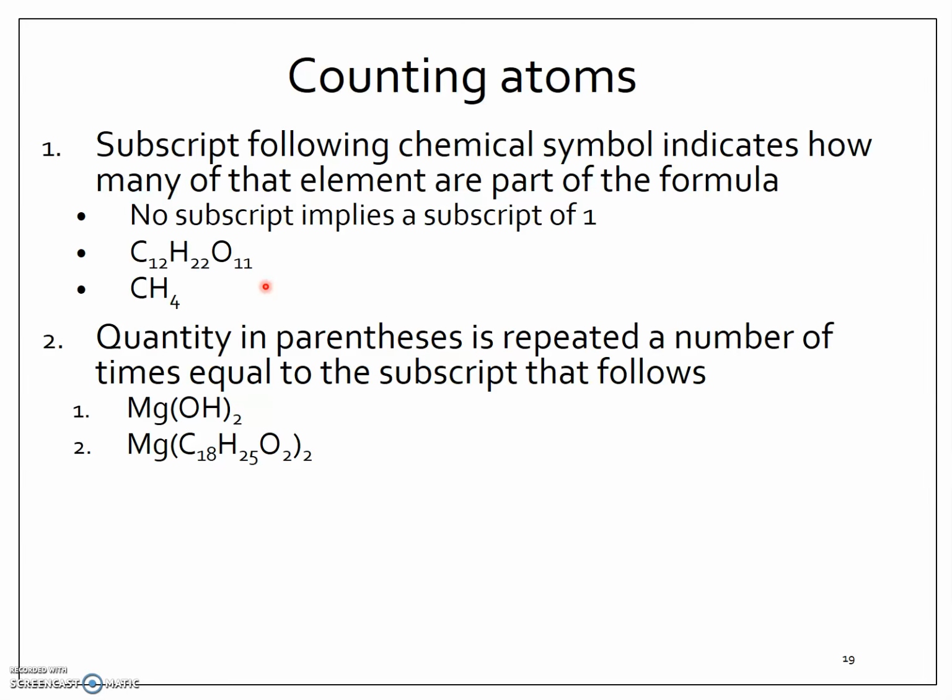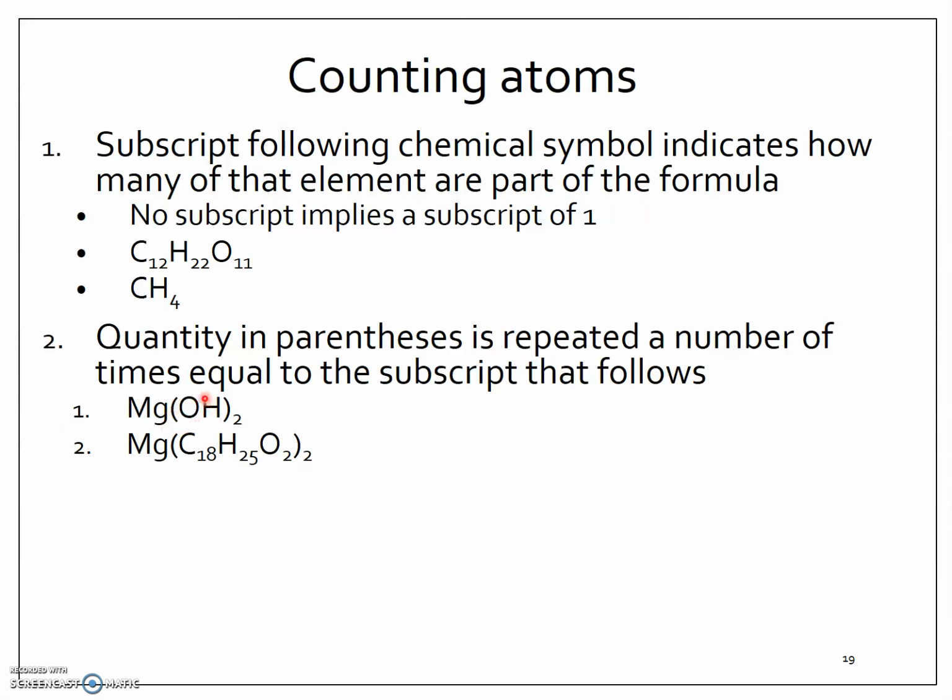The quantity in parentheses is a repeated number of these molecules. So we'll start learning about polyatomic ions. Poly means many, atomic, atoms, so there are many atoms. In this case, we know that there is 1 magnesium because there's not a subscript here.